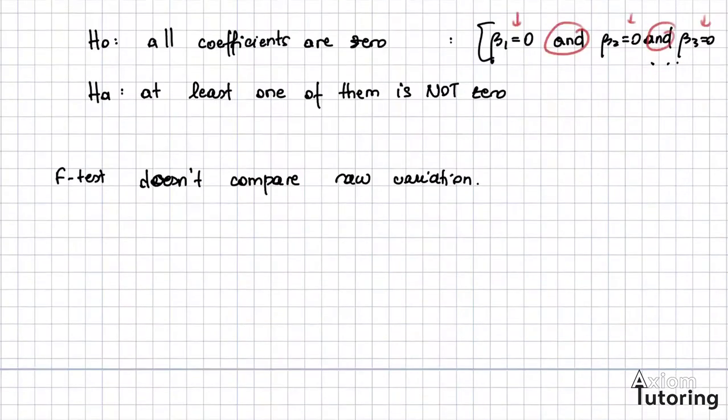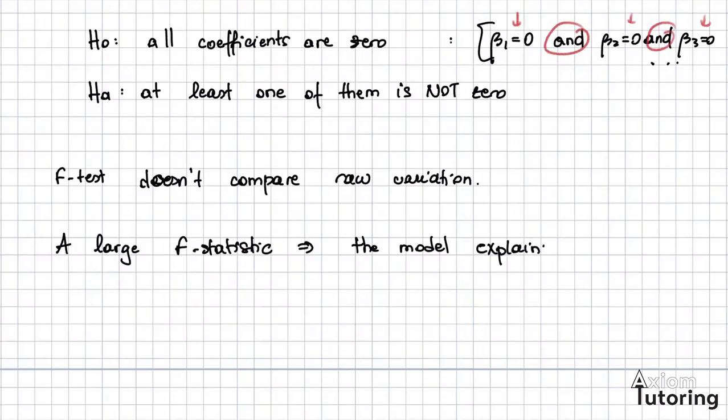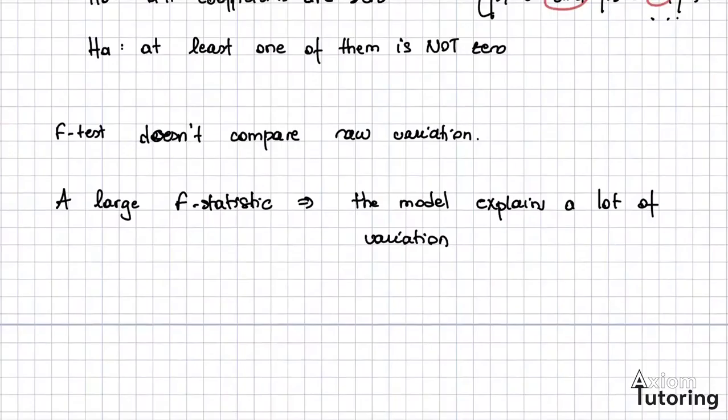Let's talk about some misconceptions in terms of the values of the F statistic. A large F statistic means that the model explains a lot of variation relative to the noise left in the residuals.